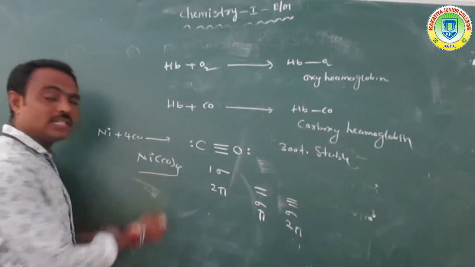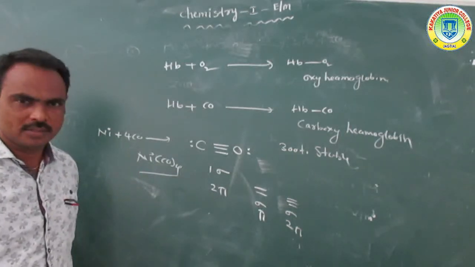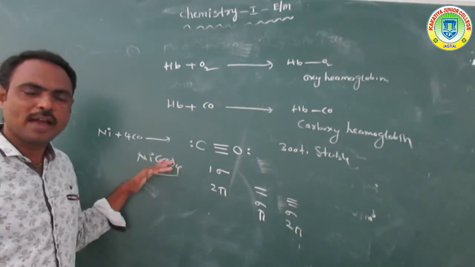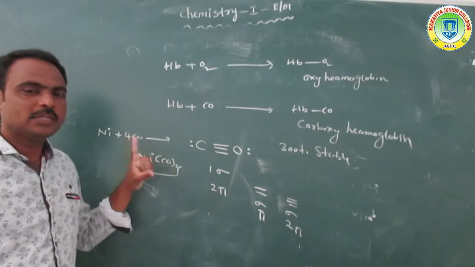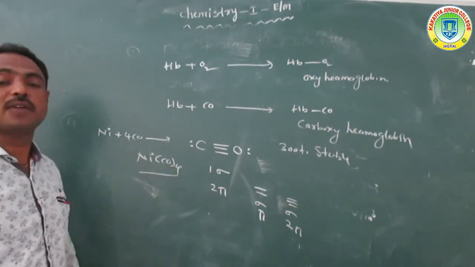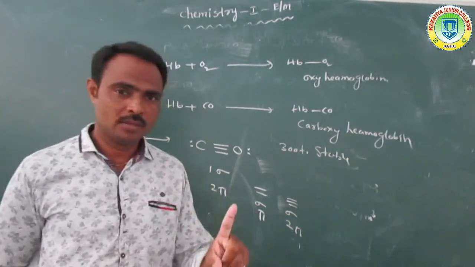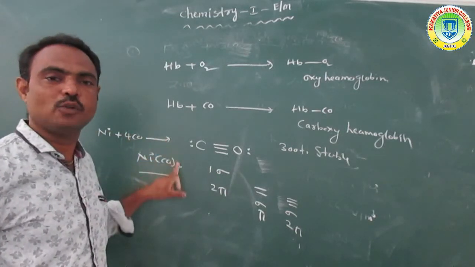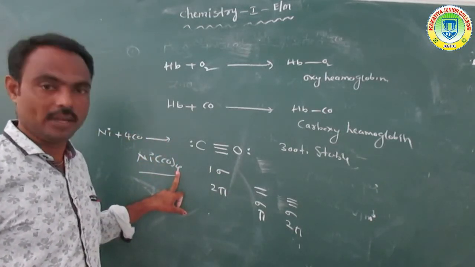So these are carbonyl compounds. It is mainly used for the preparation of carbonyl compounds. For example, nickel reacts with carbon monoxide to form nickel tetracarbonyl.